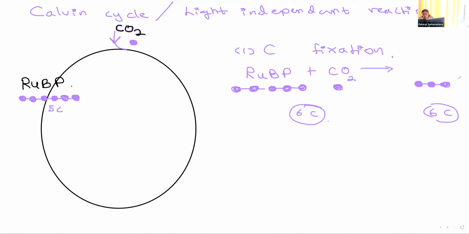Right, so 3 into 2. The name of the product is phosphoglyceric acid, or write it down as PGA. I introduce everything in the notes. You can read the notes, but write down PGA.